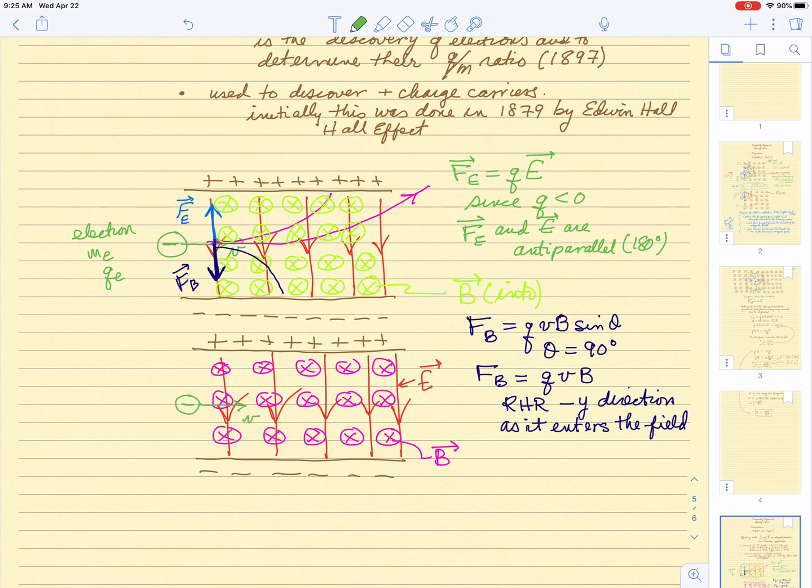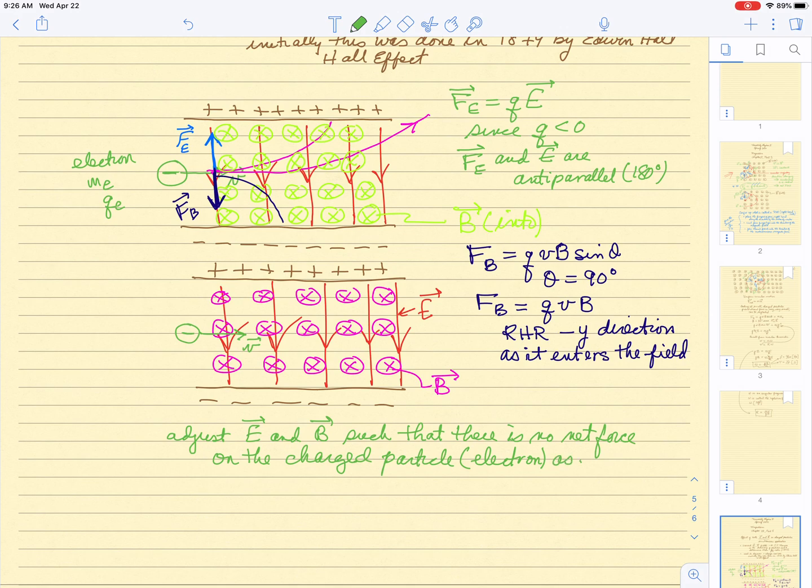And we're going to now adjust parameters, adjust E and B, such that there is no net force on the charged particle, in this case an electron, as it enters the fields.